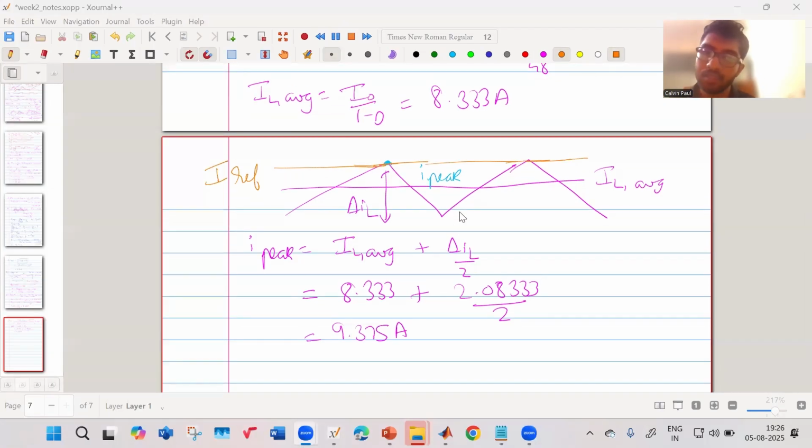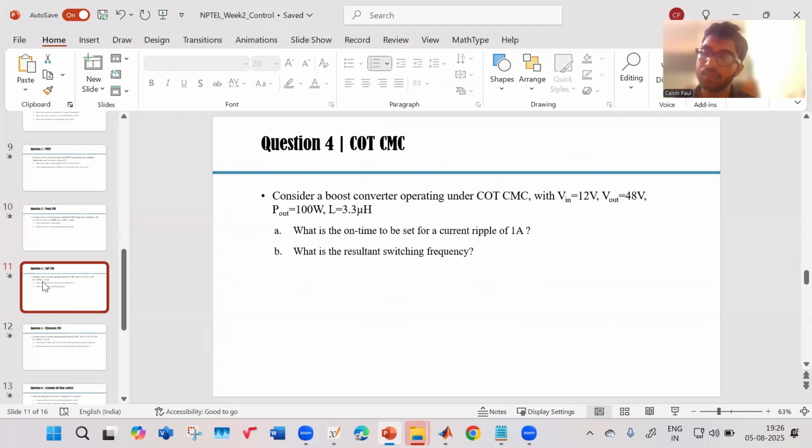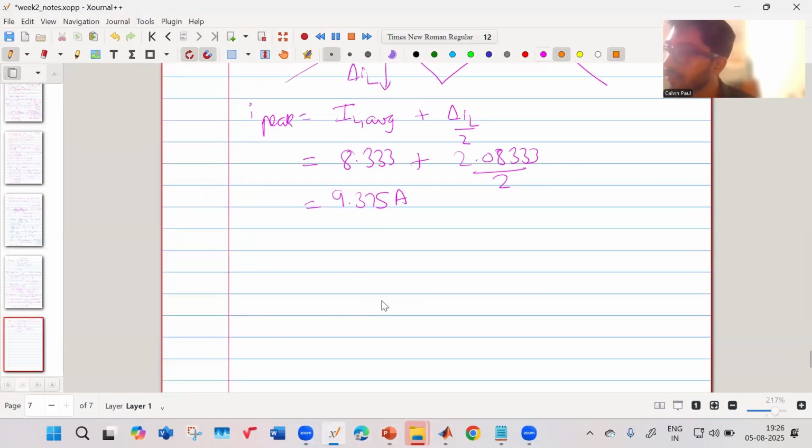Question 3. Now I'll go for the next question. Question 4. We are considering COT, constant on-time current mode control.